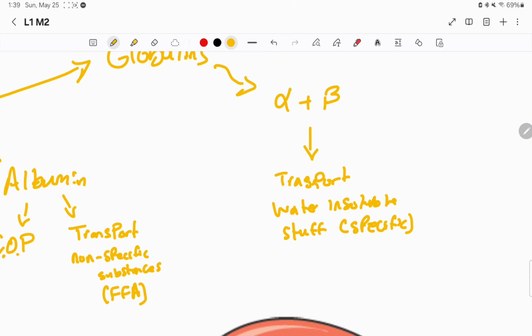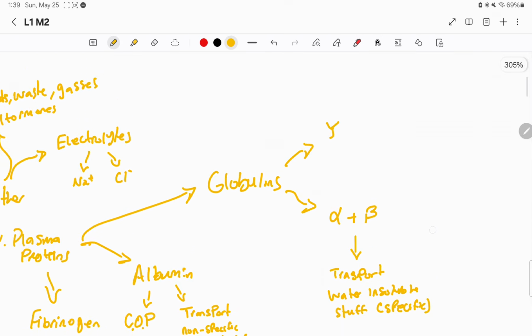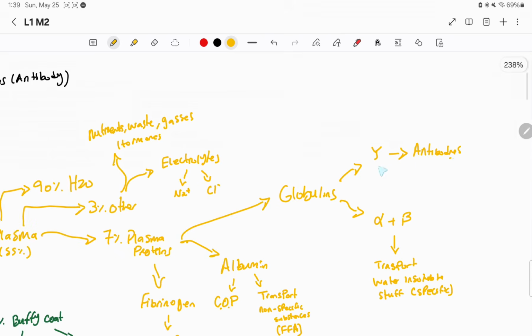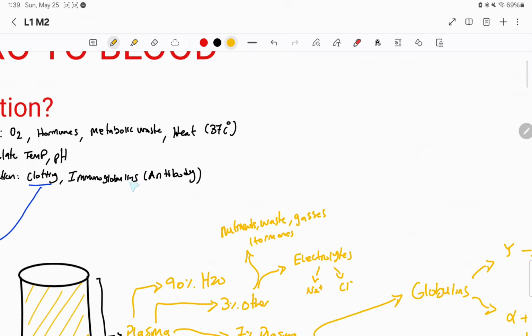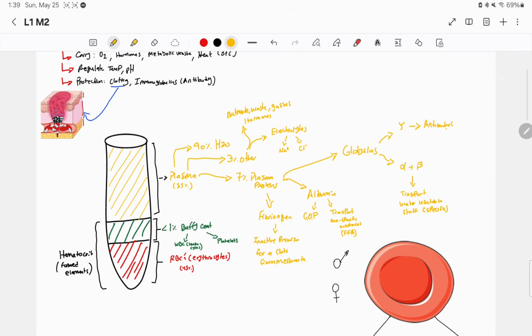They transport specific stuff such as cholesterol, iron, and complement via these alpha and beta globulins. The gamma globulins are literally just another way of saying antibodies. So far we've called them 3 things: antibodies, gamma globulins, and immunoglobulins. Same thing.